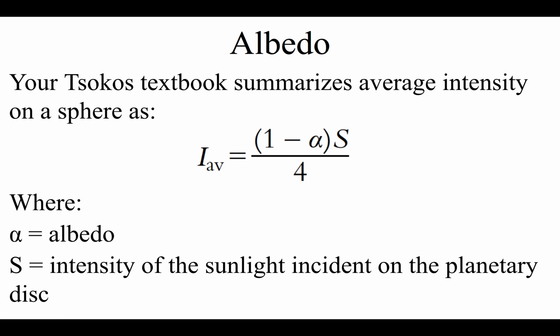Remember, we have defined the incoming intensity of light as the intensity shining on a disk with a surface area given by the radius of planet Earth.